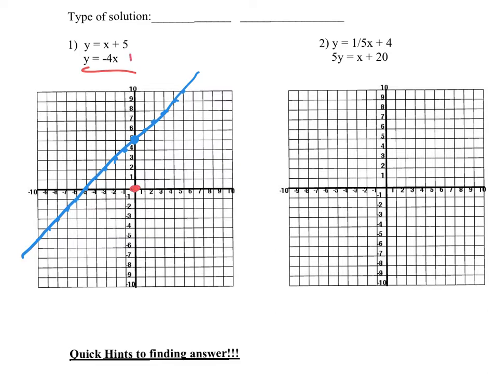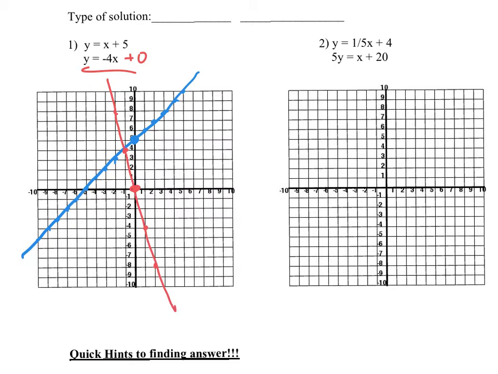This is the same thing as negative 4x plus 0. Okay. And then my slope, Luke, is negative 4. So down 4. Then what? Over 1. Good. Or up 4 and left 1, right? So now I have this line.